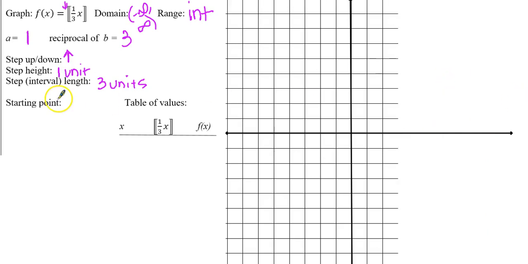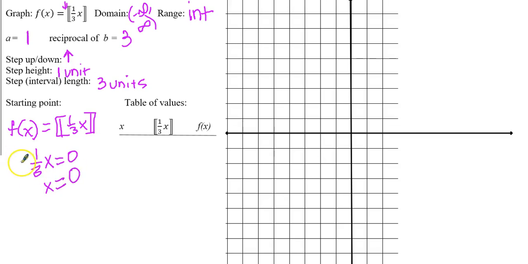Why is it 3? Let's get our starting point first, and then figure out why it's 3 units long. So we have f of x is equal to the greatest integer of 1/3 x. And we're going to zero out what's in our greatest integer. So 1/3 times what equals 0?